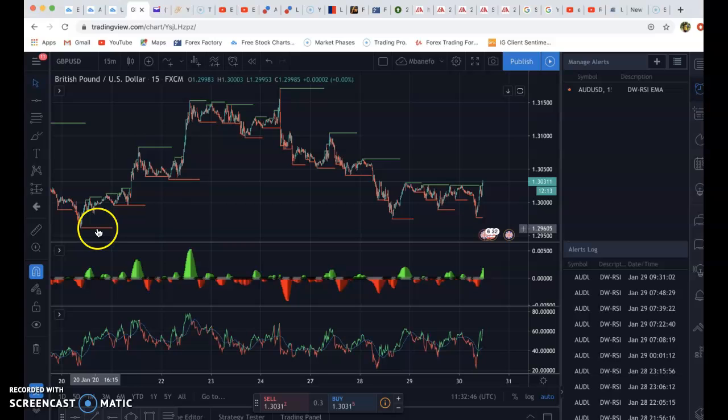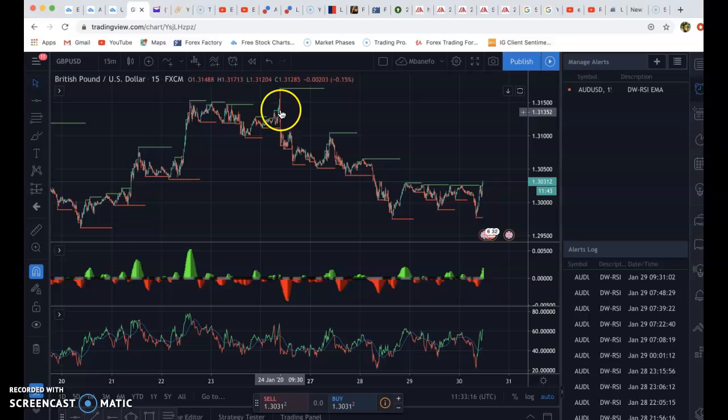So we saw higher low, higher low. We see higher highs, higher highs. We see one lower low, but then we see higher low, higher highs, and then around here we see a lower low, lower high, lower low, lower low.